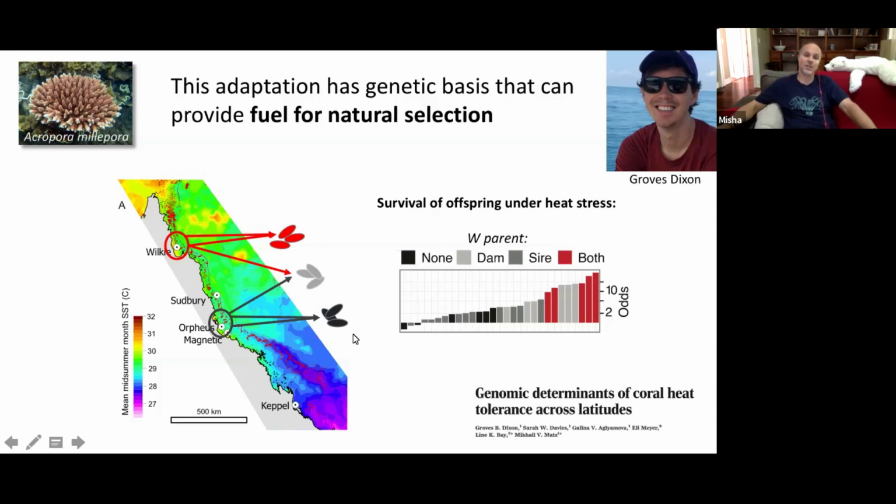Then measure heat tolerance among these larval families, and you will find that the more parents you have from the warmer place, the more heat tolerant you are. And this is a clear, direct demonstration of the importance of genetics in determining coral heat tolerance across these environmental gradients.